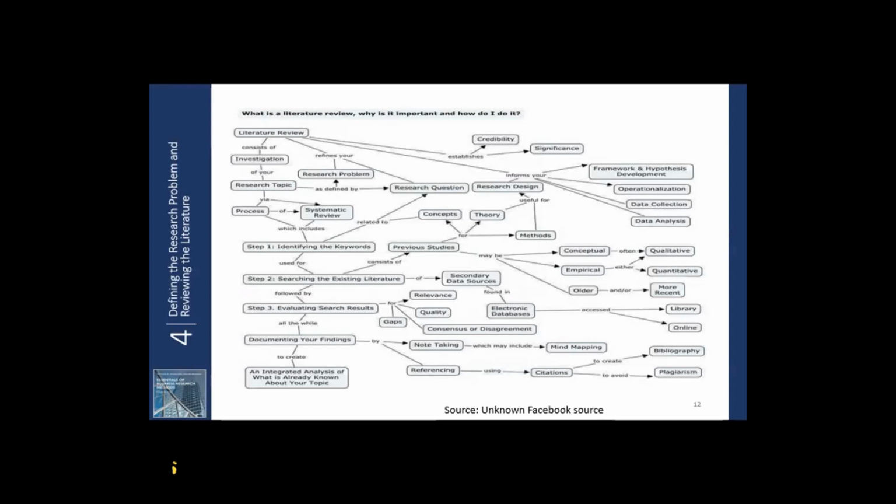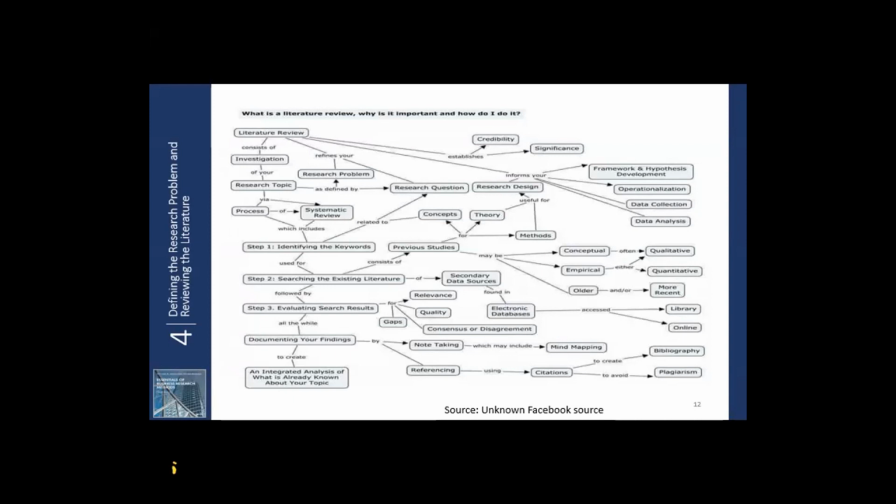Whichever line you follow, you can follow it to a logical end. So if I want to define literature review, I follow this end up to here. Then that's the definition of literature review. It says literature review consists of the investigation of your topic via a process, which includes, well, I'll not go this way. I'll come here, because this one tells you process.